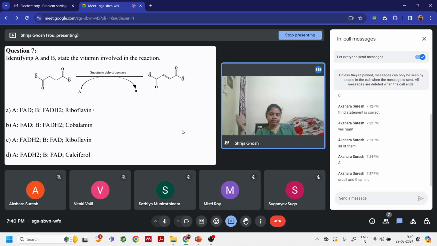Option B we have A is FAD, B is FADH2, and the vitamin involved is cobalamin. Option C is A is FADH2, B is FAD, and vitamin involved is riboflavin. And option D is A FADH2, B FAD, and vitamin involved is calciferol. So which of the following is the correct answer?